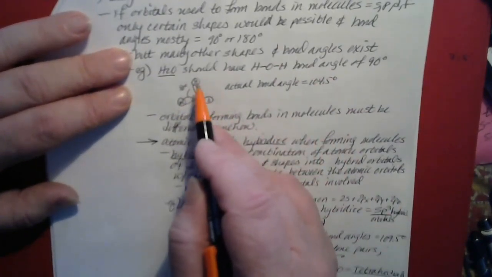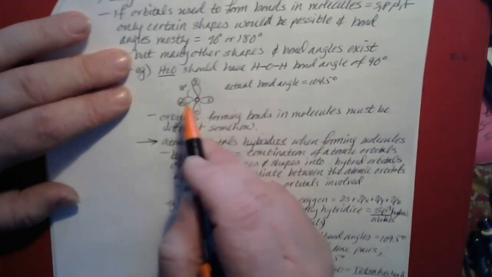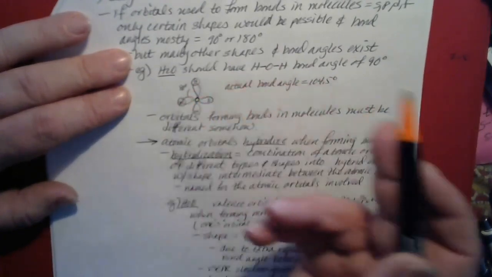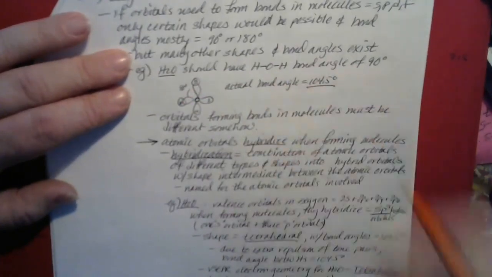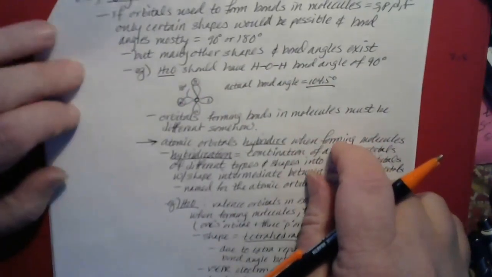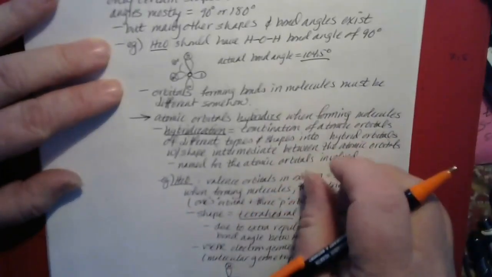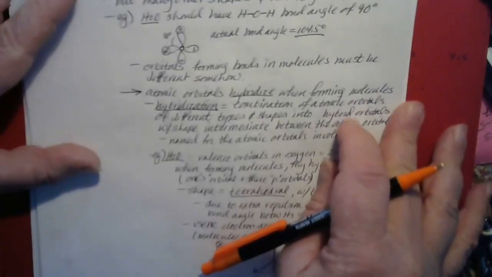So if you've got hydrogen attaching to the lobe of one of the p orbitals and another hydrogen attaching to the lobe of another p orbital, that angle should be 90 degrees. But the actual bond angle is 104.5 degrees, which is quite a distance away from 90. And so the question is, again, why? Why do we get a molecule in a shape that really shouldn't exist?